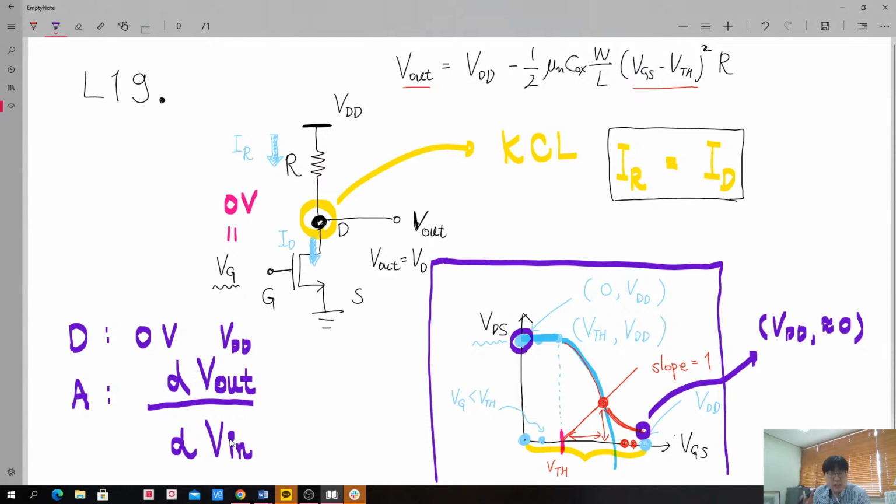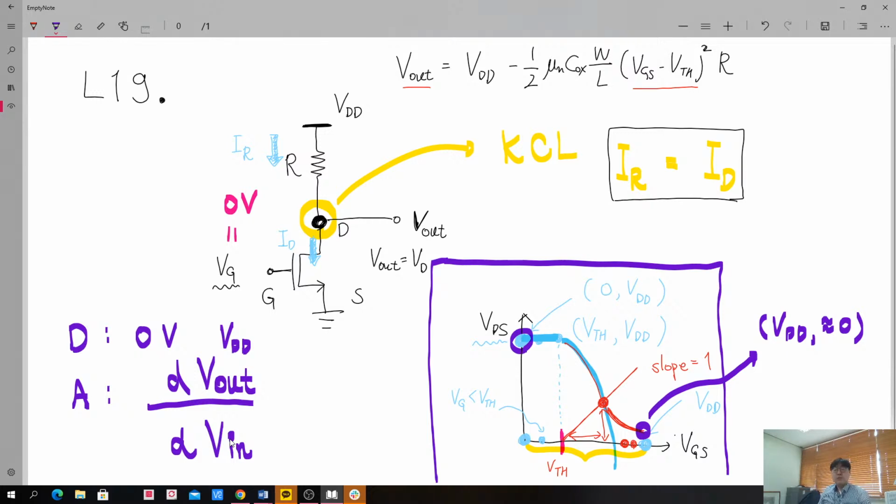If we change the input slightly, then we want to have the change of output following that input fluctuation. So in this case, just like in the previous lecture, what we have to care about is not the value itself, but the slope or derivative.